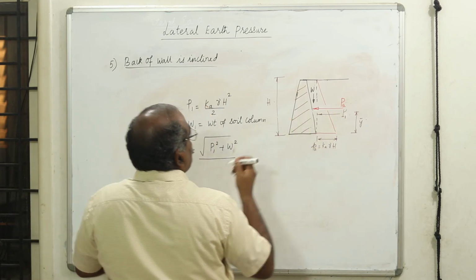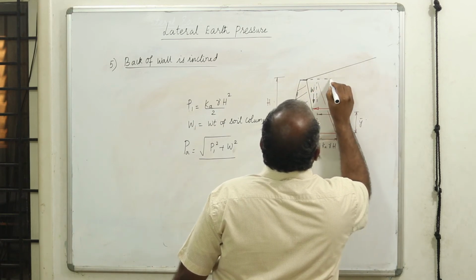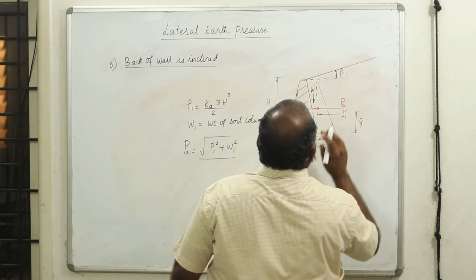Now, finally, in case the backfill is not horizontal, it is having an inclination beta, then what happens?